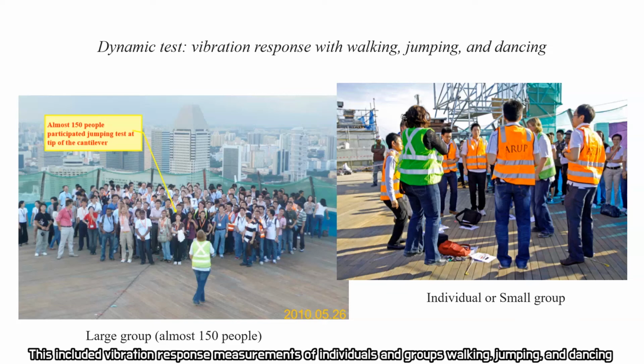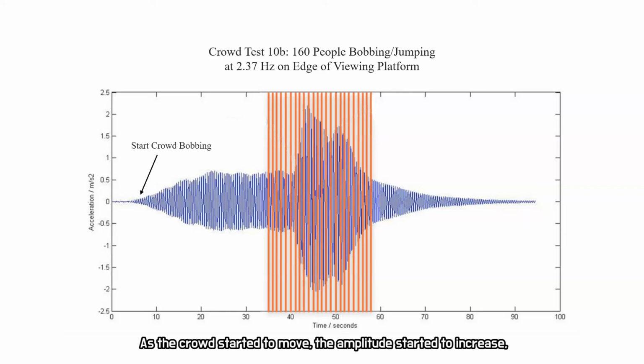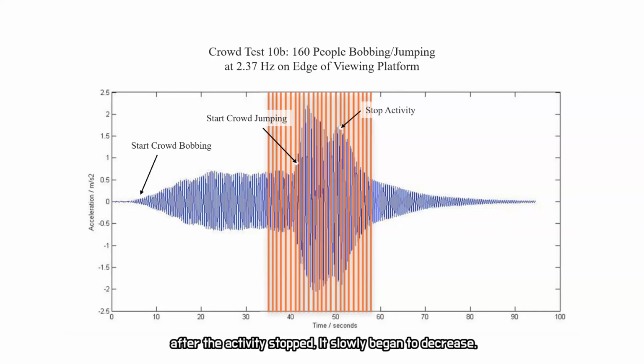This included vibration response measurements of individuals and groups walking, jumping, and dancing. This is the graph measured in the live test. As the crowd started to move, the amplitude started to increase. And when jumping, the amplitude increased by a large margin. After the activity stopped, it slowly began to decrease.